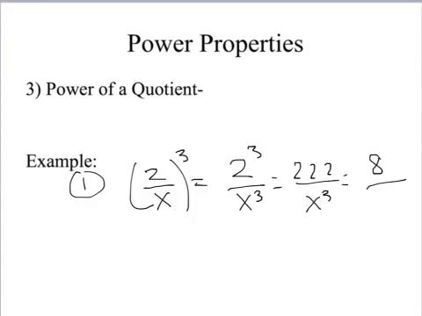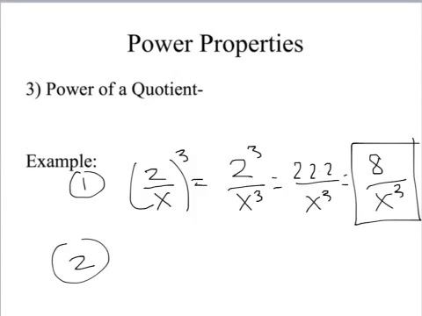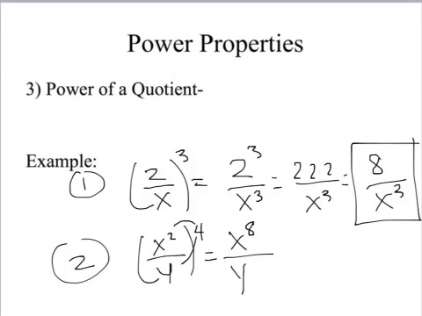So that's 8 over x to the 3rd. Another example, if I have x squared over y, and that's to the 4th power, again, I want to distribute essentially that exponent. So it becomes x to the 8th, because 2 times 4 is 8, over y to the 4th.